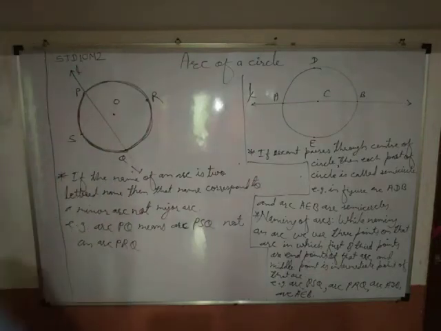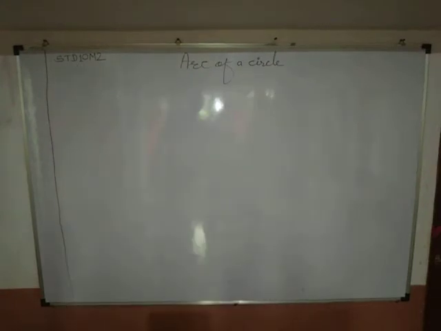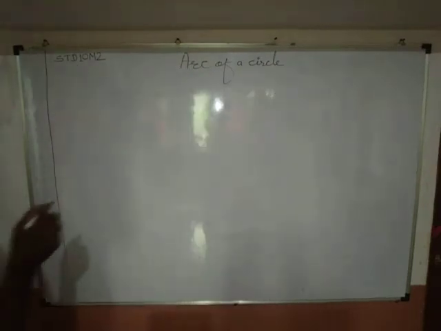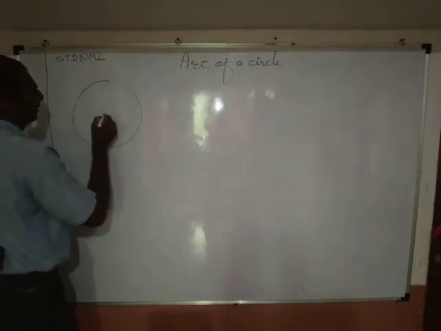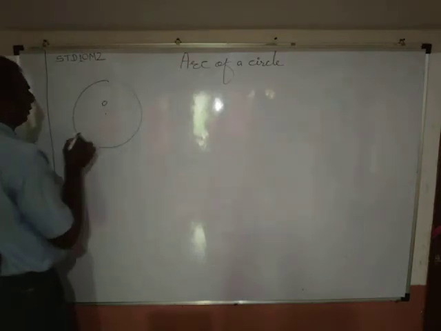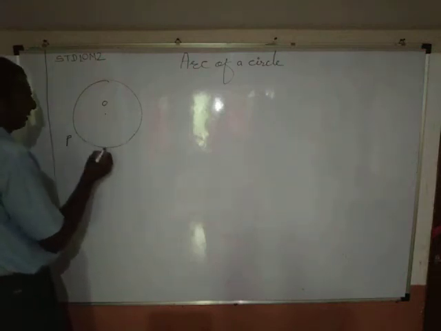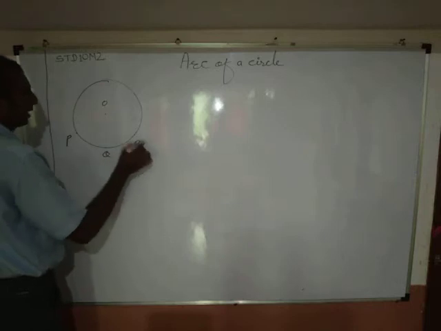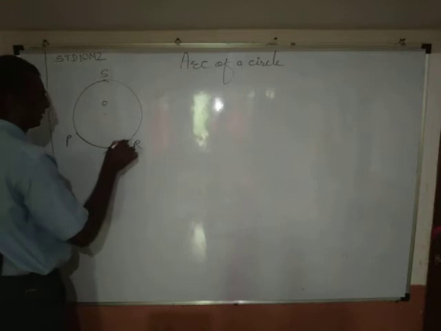Now next, measure of an arc and central angle. Let's consider a circle with center O, and let's consider arc PQR and arc PSR.